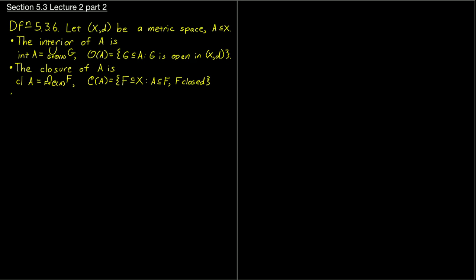And then the boundary of A is written with a partial symbol. That is everything that's in the closure but is not in the interior.